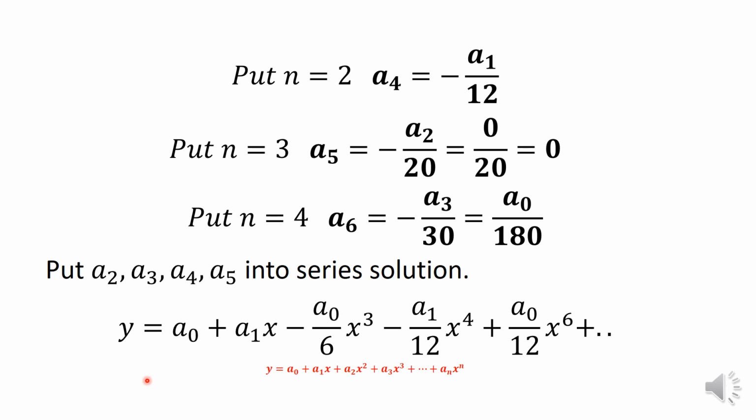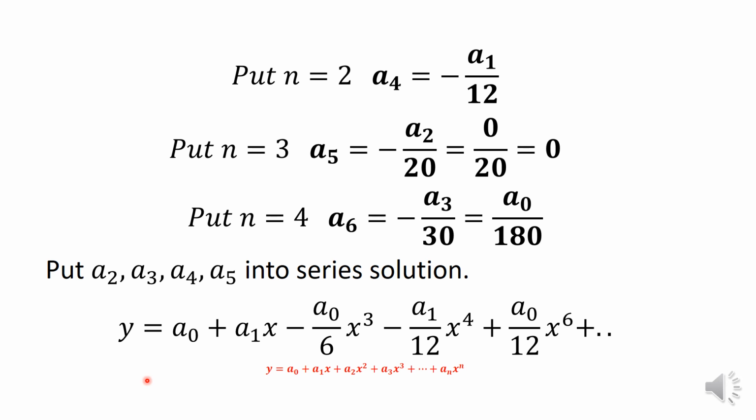So whenever the point is ordinary, this same method we will be using, right? Means first of all we write the value of y, then dy by dx we will find, then d square y by dx square and so on. Then put the values, then compare the lowest power of x. Then find a recurrence relation, find the values of a1, a2, a3, a4, a5, then put in the answer.